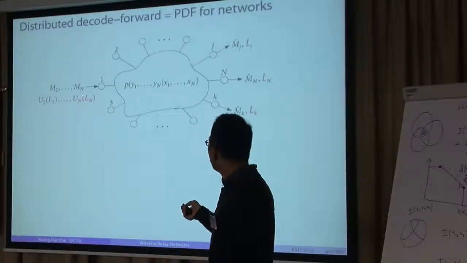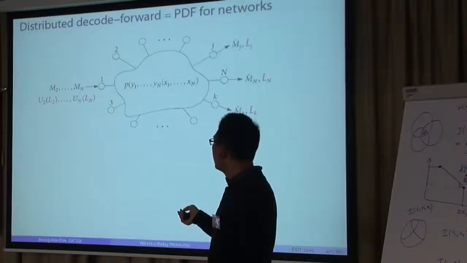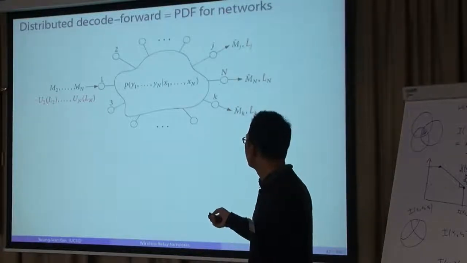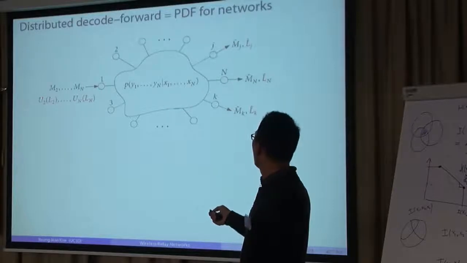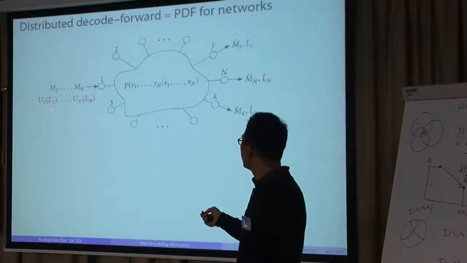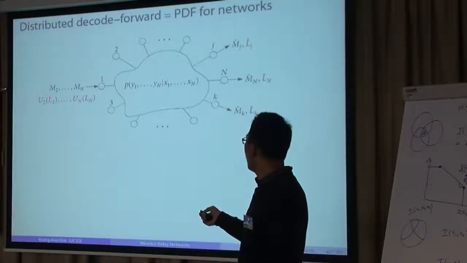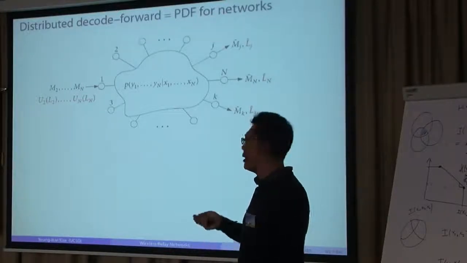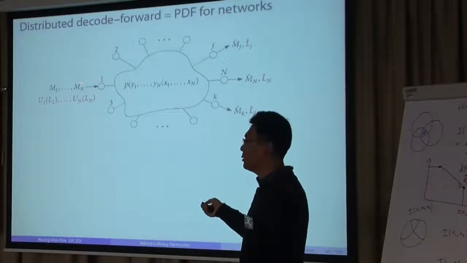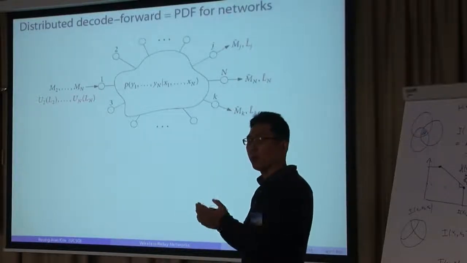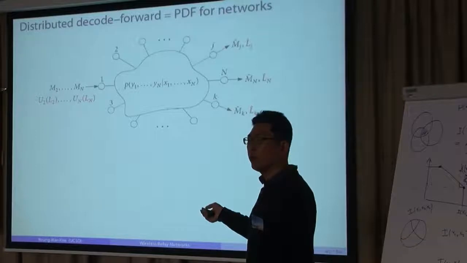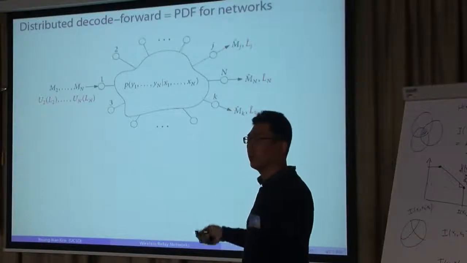The way of doing it is by introducing virtual code words, as in Martin's coding scheme. We are going to introduce a bunch of new code words, one per relay, say U2 up to UN, and we are going to introduce their indices L1, L2 up to LN. Since the encoder has every message and can do the encoding for the entire network because there is a single encoder, we are going to generate these U code words, over-generate them.